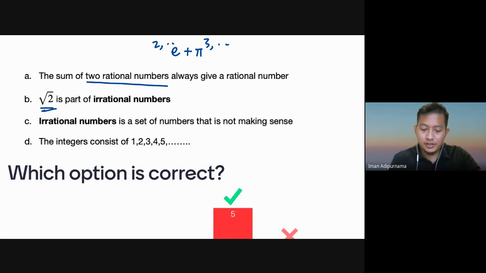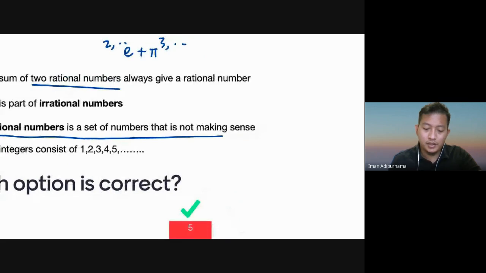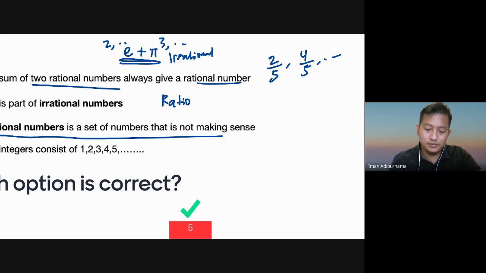Look at number C first. Irrational numbers are a set of numbers that are not making sense, of course, not that exact a definition. Rational is a fraction, like 2/5, 4/5, and so on. So you have rational and you have irrational.